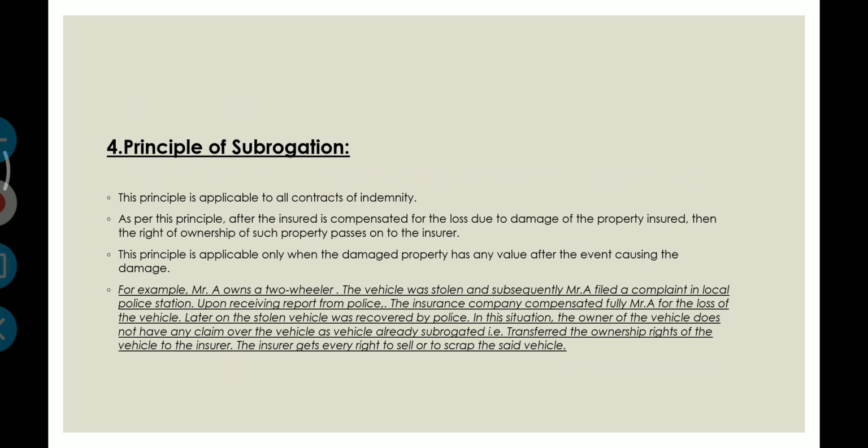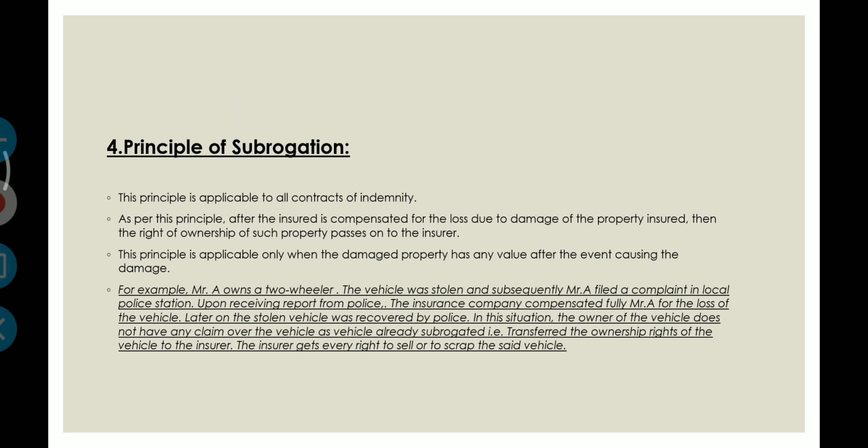The example mentioned in your book is this: Mr. A owns a two-wheeler. The vehicle was stolen and subsequently Mr. A filed a complaint at the local police station. I have lost my two-wheeler, I am Mr. A, and I went to the nearest police station and mentioned that I have lost my vehicle.